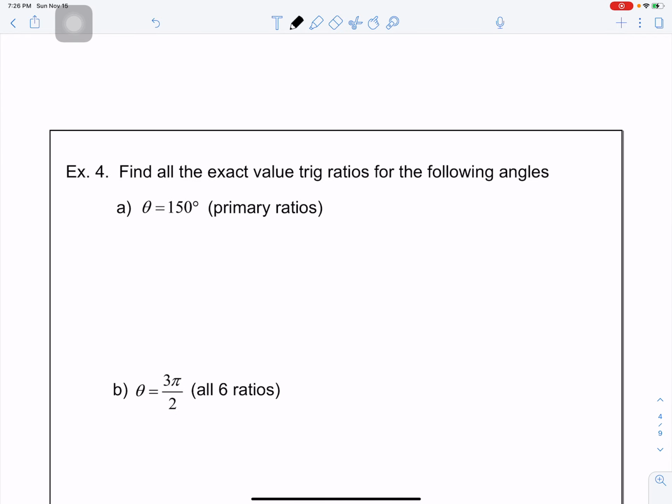Now find the exact value, so no decimals, no calculators, for the following angles. We want the ratios, so we want sine, cosine, and tan. In the question they say we only want the primary ratios, which are sine theta, cosine theta, and tan theta. So now we're not really drawing a triangle at all.